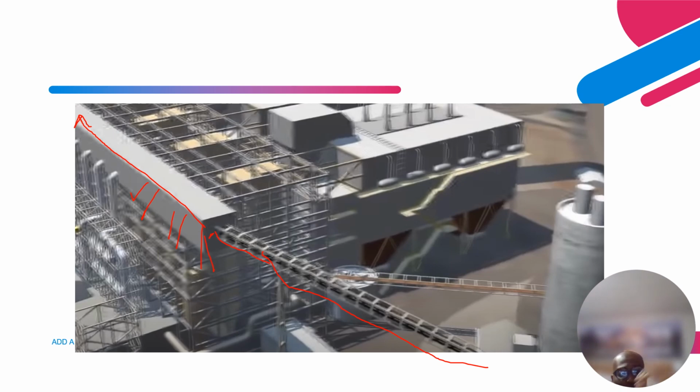Okay, so this coal goes into those silos and fills the silos. Then from the silos, it goes to those pulverizers that grind the coal into fine powder, ready to be fed to the PFN. So the PFN is the one that blows the fine powder and pushes it into the boiler.